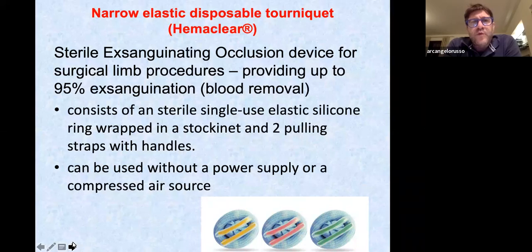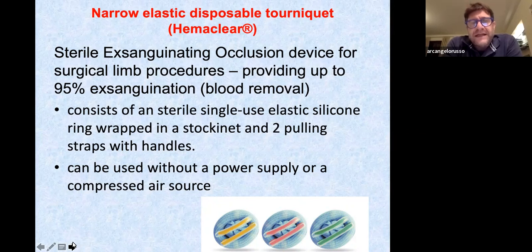So when we are talking about the narrow elastic disposable tourniquet, it is a sterile exsanguinating occlusion device, providing up to 95% of exsanguination for blood removal.